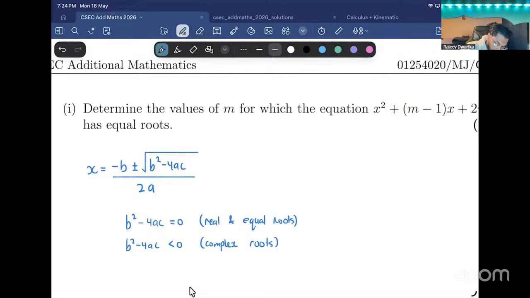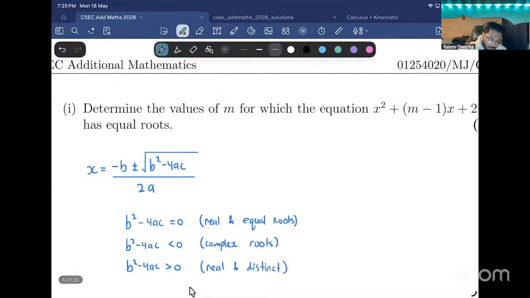And lastly, if b squared minus 4ac is more than 0, what do I mean, guys? Somebody tell me fast. All right. So I don't hear anybody, but it's gonna be real and distinct.